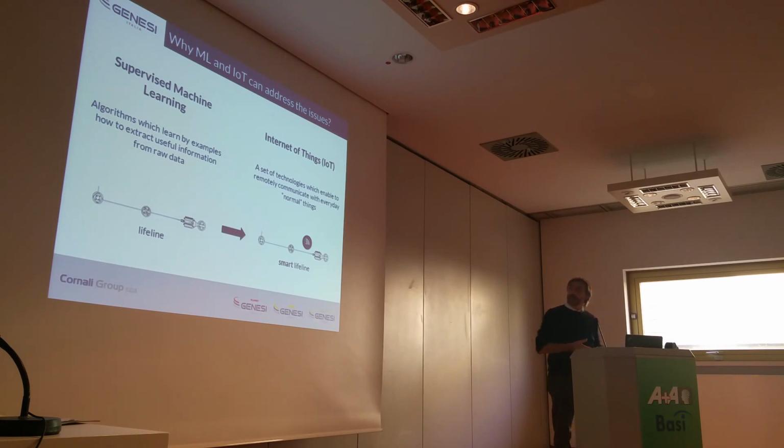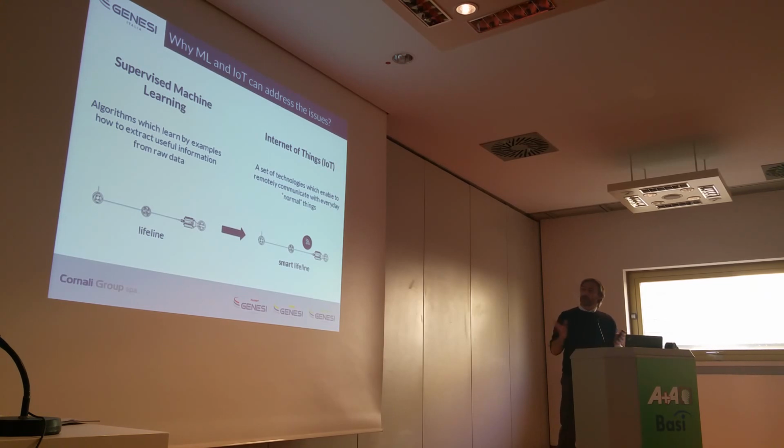On the other side of the slide, you see Internet of Things, which is a technological stack which enables us to remotely communicate with normal, let's say, everyday legacy things. And what can we think of a lifeline other than some legacy thing?